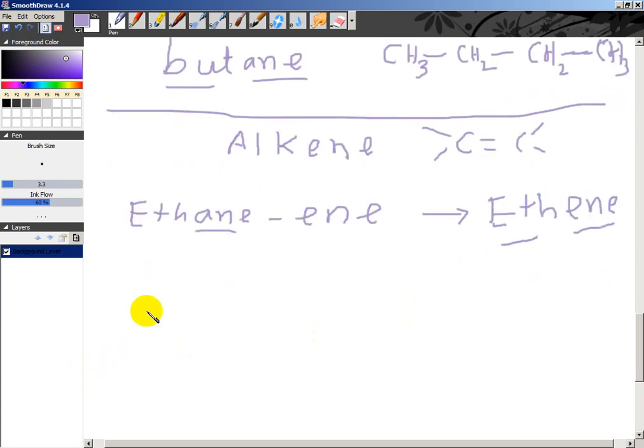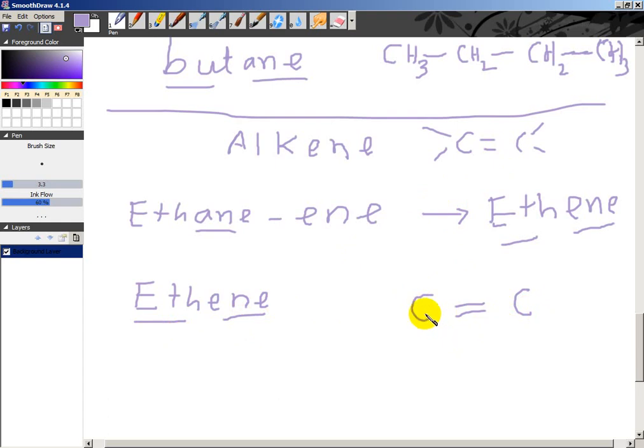Now I am drawing the structural formula of ethene. The prefix eth means two carbon in a chain. In alkene, there is at least one carbon-carbon double bond, so I give one double bond here. Now I'll put hydrogen.